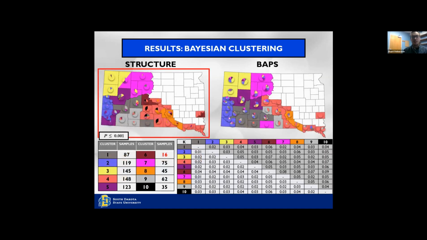And so finally, things continue to break up more, and it gets a little messier at k=10, but a lot of those same patterns are still recognizable even at this level. Two things I'd like to point out in this one are cluster number 6, the maroon, because that one's actually overrepresented on the map.